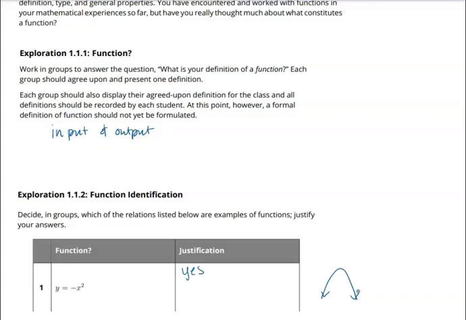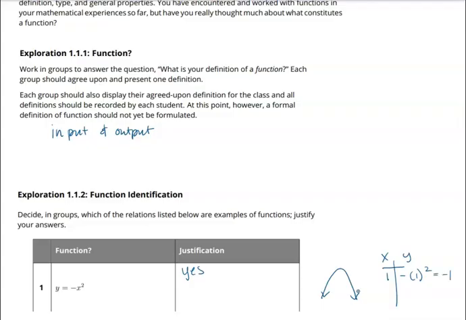If we want to get a little more mathematical, we might try to plug in an x value and see if we get something unique for our y value. So I'm going to plug in 1. If I substitute 1 in for that x, I get negative parentheses 1 squared. So this is my x, this is my y. If I simplify that, I square the 1 first, and then I multiply it by negative 1, so that's just negative 1.